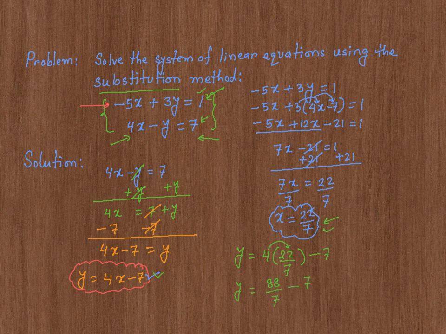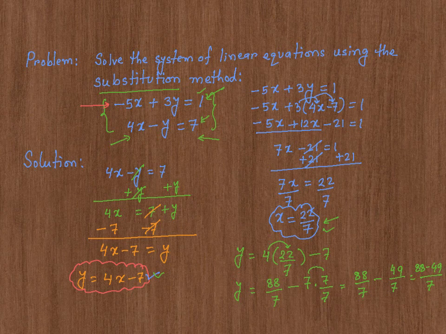Now I have to make the denominators the same, so I'm going to multiply this 7 by 7 and divide it by 7. That's going to give me the following: 88 over 7 minus 7 times 7, which is 49 over 7. Now that becomes 88 minus 49 over 7.